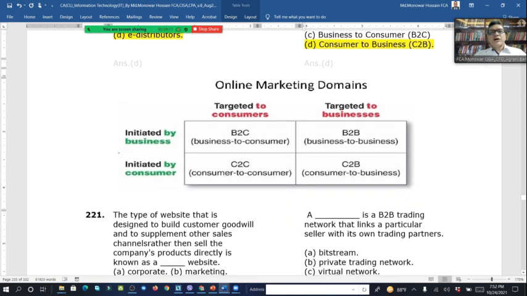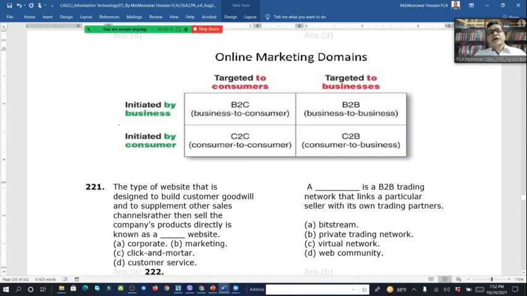Look here the online marketing domain, if you see here, initiated by the business and targeted to the consumer is business to consumer.